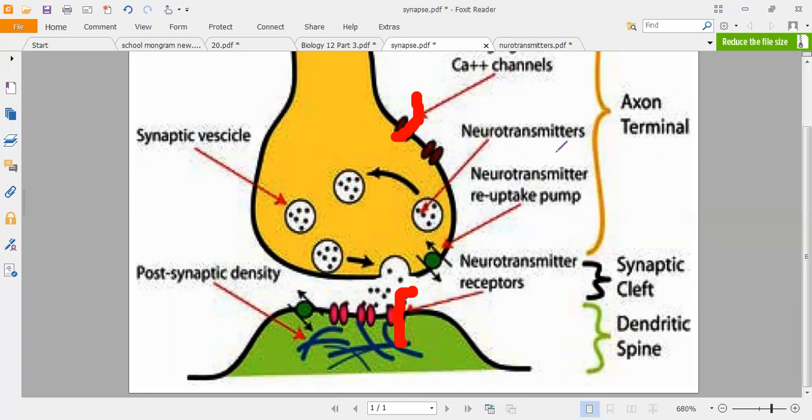So you can see this is the axon terminal, this one is the synaptic cleft, and this is the dendritic spine, like the one dendrite portion of the whole neuron.